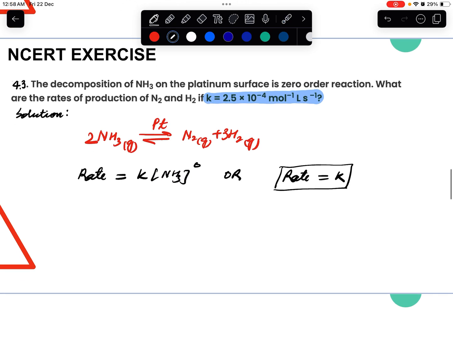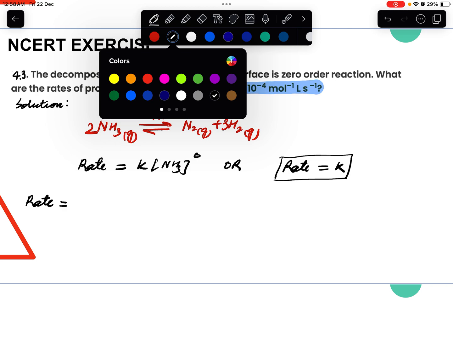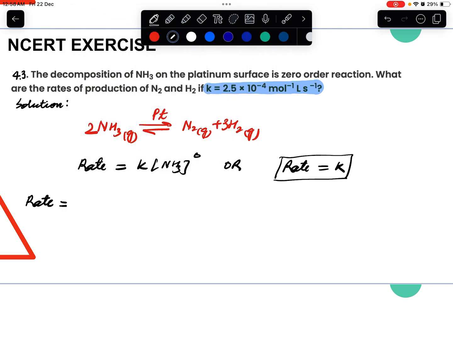So now, how do we write the rate of the reaction? The rate can be written in terms of reactant as well as product. With the progress of the reaction, the concentration of reactant decreases and the concentration of product increases. So from this balanced equation, rate equals minus 1/2 times the decrease in concentration of ammonia, since we have 2 in the balanced chemical equation.